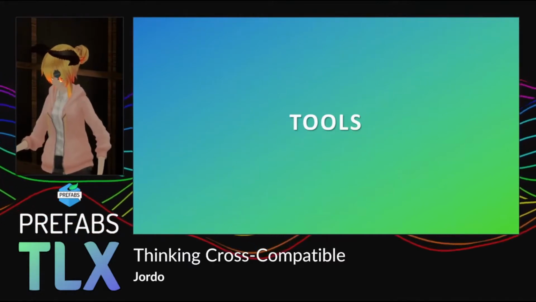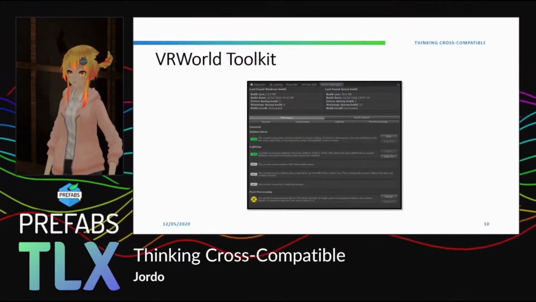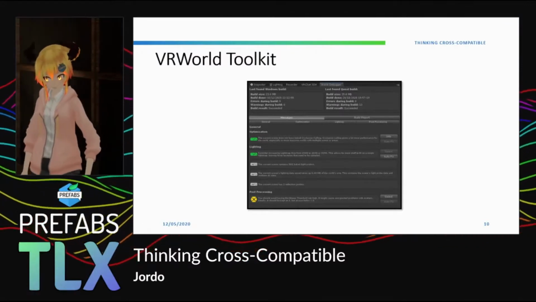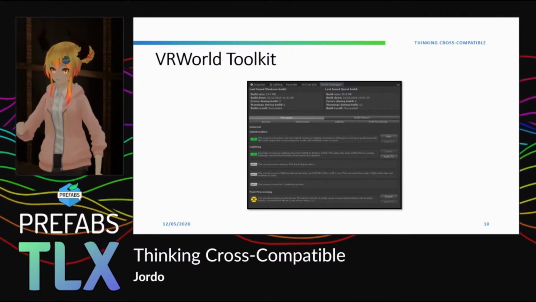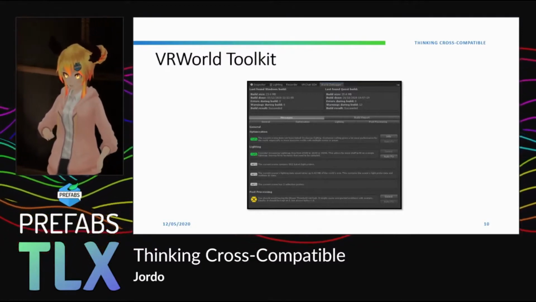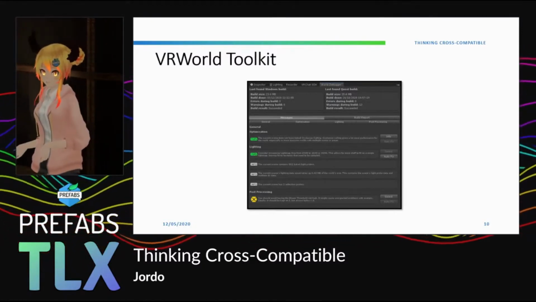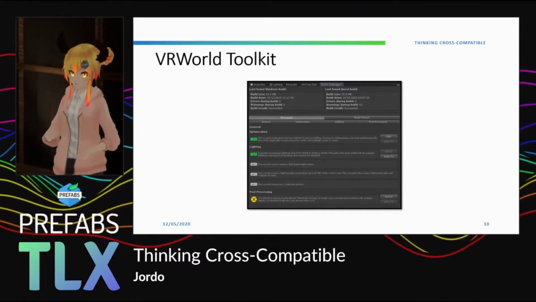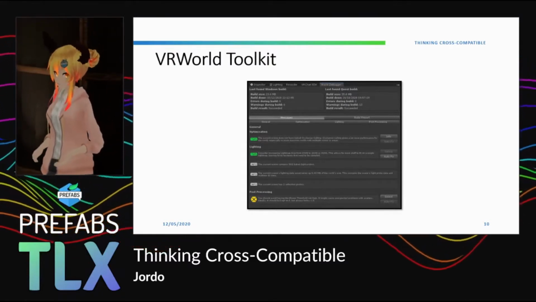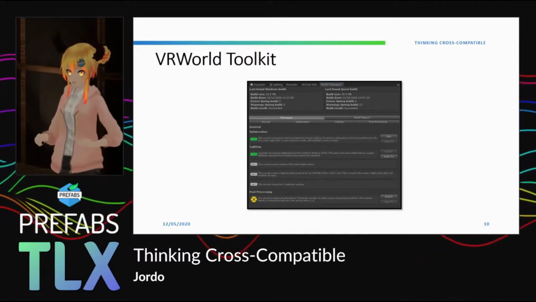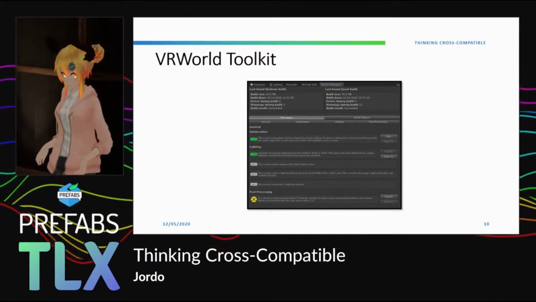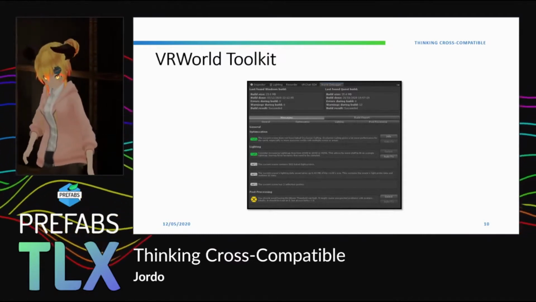So the first tool I want to talk about is the VRWorld Toolkit by One. The VRWorld Toolkit allows you to get some optimization tips or fix some common issues you can have in your project. It will automatically tell you different stuff, or tell you if your occlusion cache is too big. So it's really useful information that you can use while you're making your world.